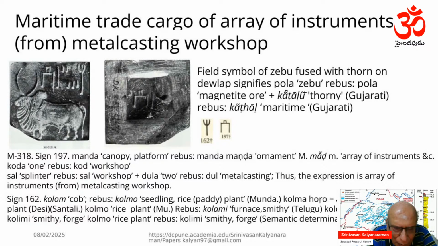What workshop? Rice plant, Kolimi, smithy forge workshop. Smithy forge workshop is the place from where this material is coming. Okay. So the metal smithy for forge work is thought to be sent out as maritime cargo. Next please.